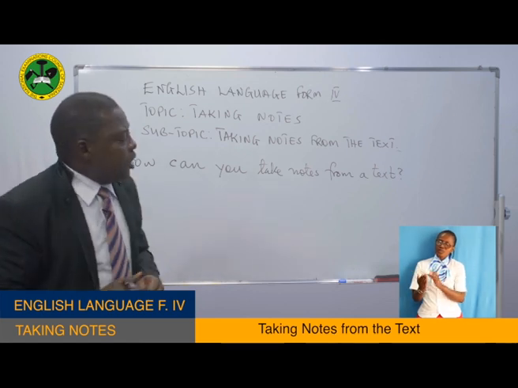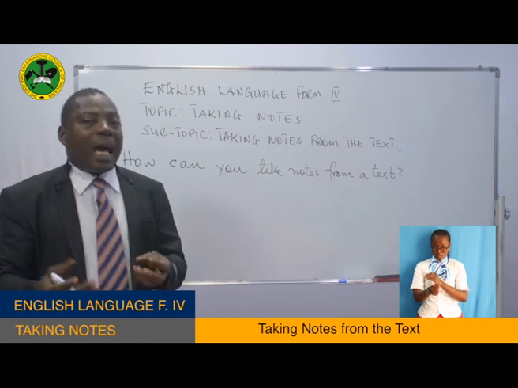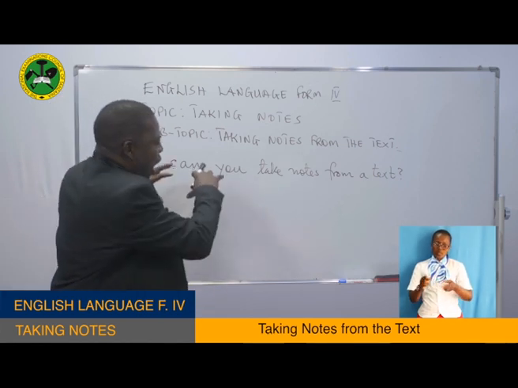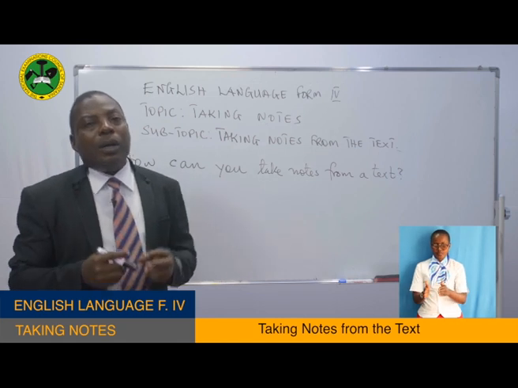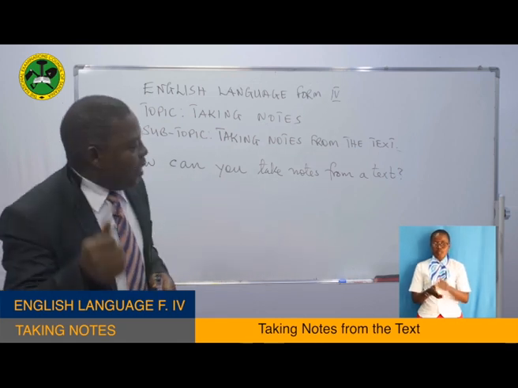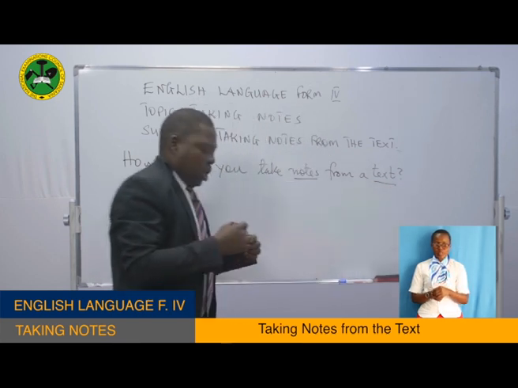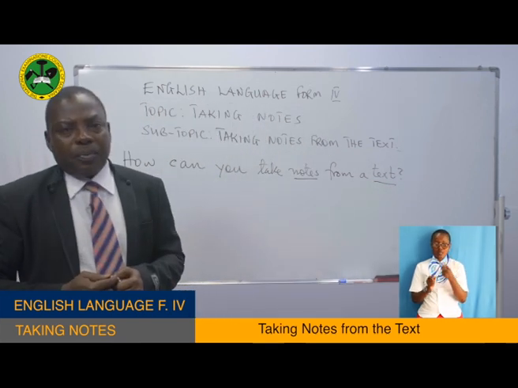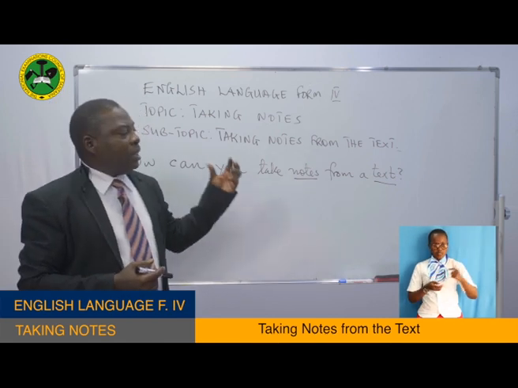So before we start looking at the strategies that are going to help us in developing our notes, I would first of all need to introduce these two words. We talk about notes and we talk about a text.